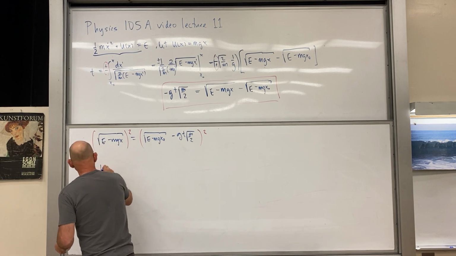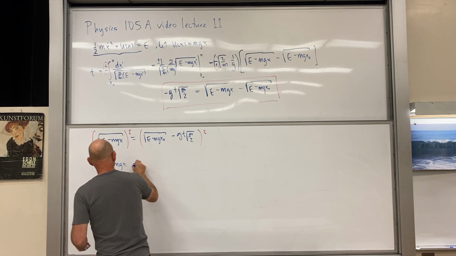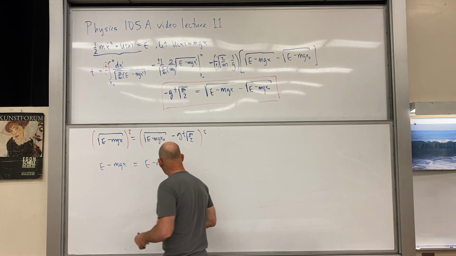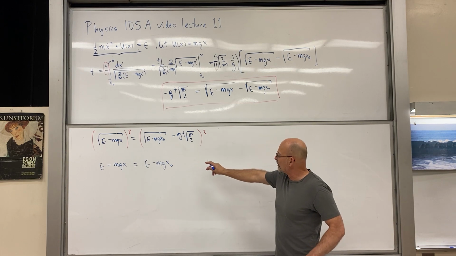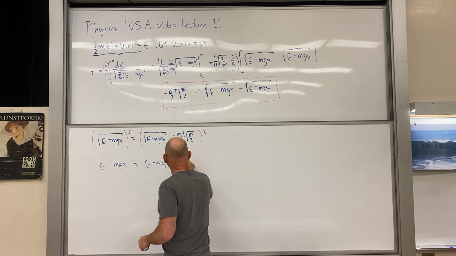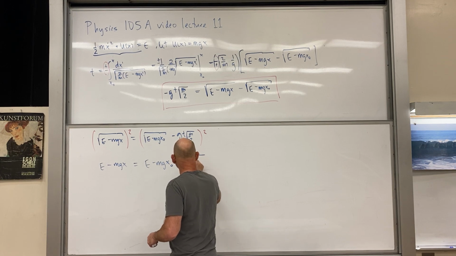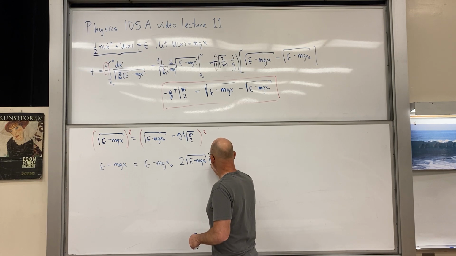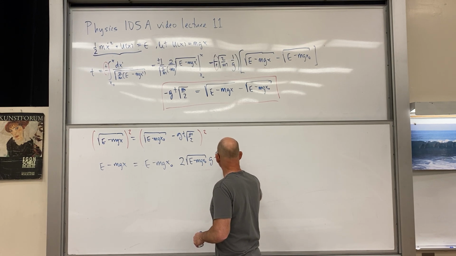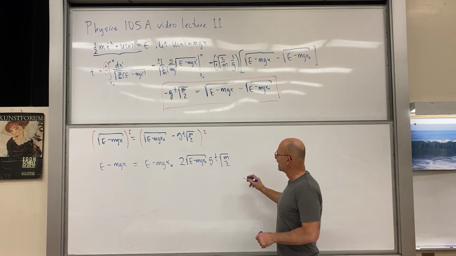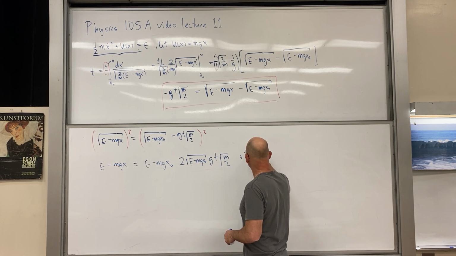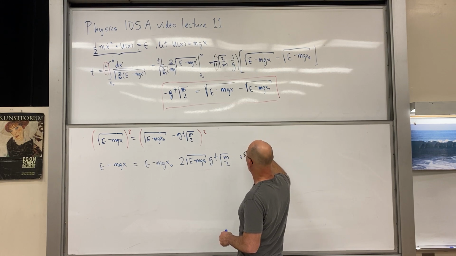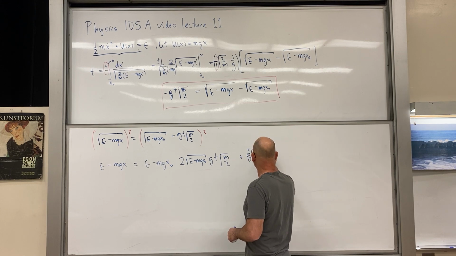And we get e minus mgx equals e minus mgx0. Those e's are going to go away, but we're going to get cross terms now. So minus 2 root e minus mgx0 gt root m over 2, right? That looks like a mess. And then plus g squared t squared m over 2.